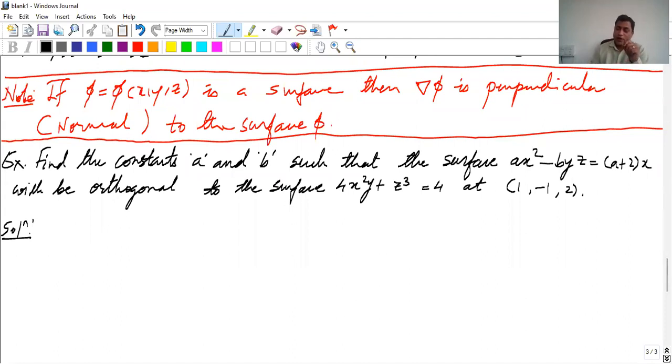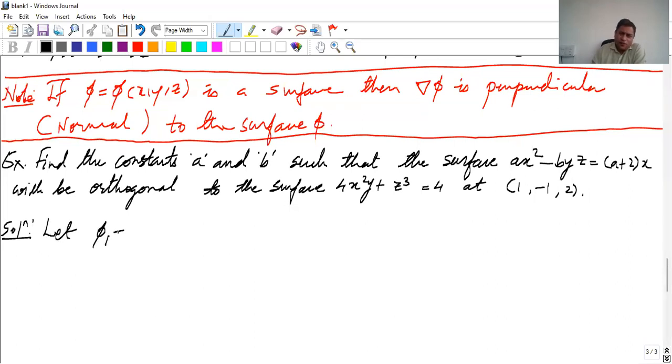So we have to find del of both of these surfaces, find the value of del at the given point, and consider the dot product equal to 0, and then we are able to get the values of a and b. So this is what we have to do in this example. Let us try to solve it.